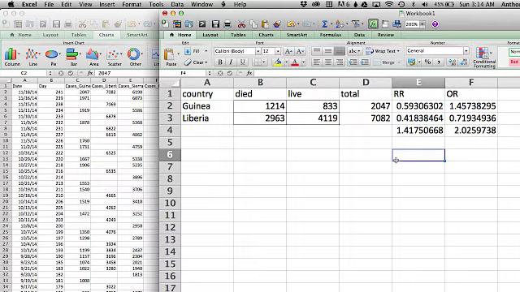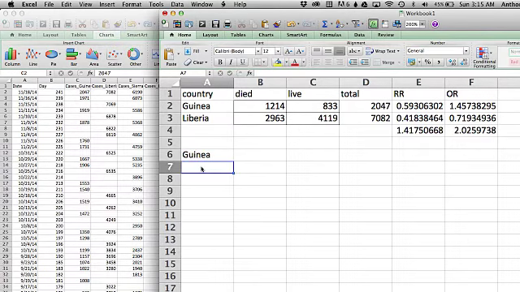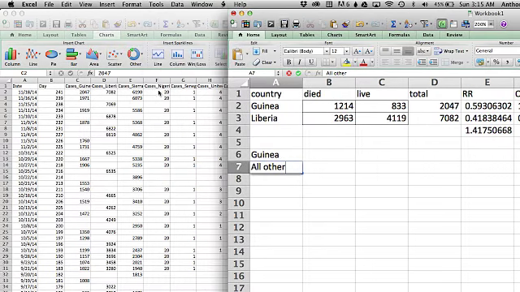Okay, so another way that you might take a look at this is to compare Guinea to all the other countries. In order to do that, I have to add up all the other case rates, which is the top row here, and all the other number of deaths and so on and so forth, and use that for this part of the table instead of the two numbers for the specific table. I'll leave that calculation for you to do.